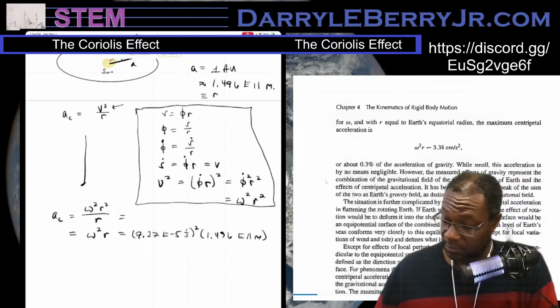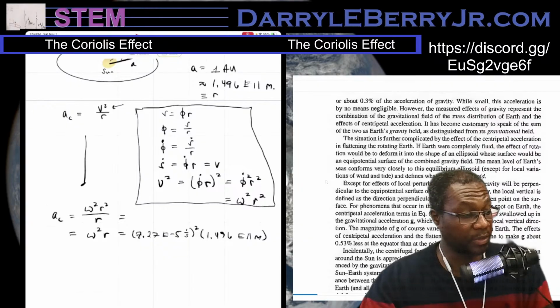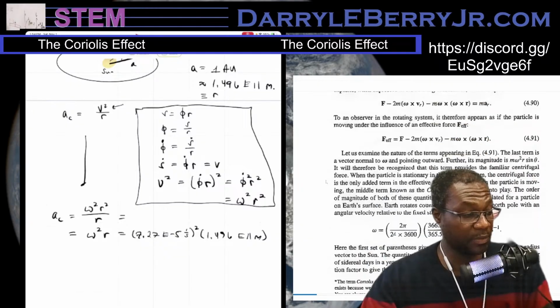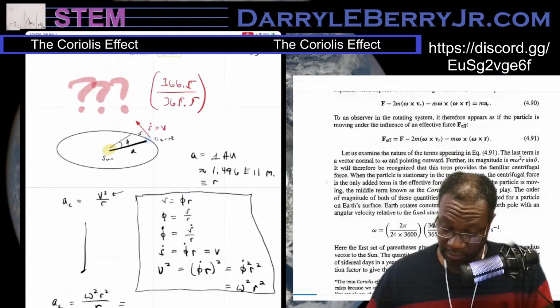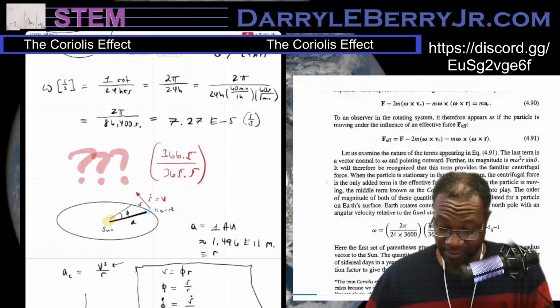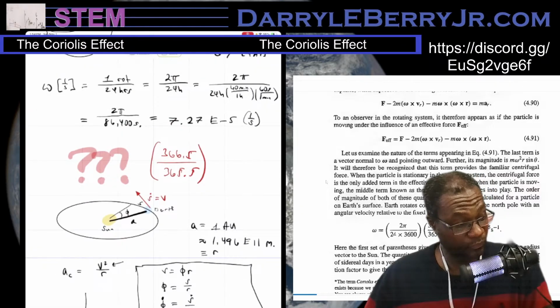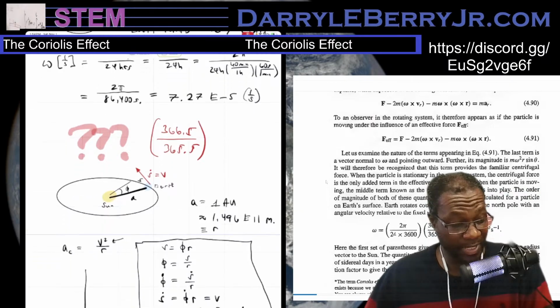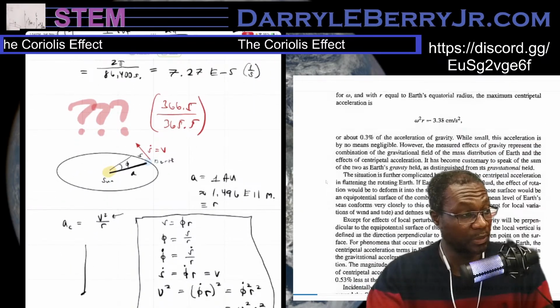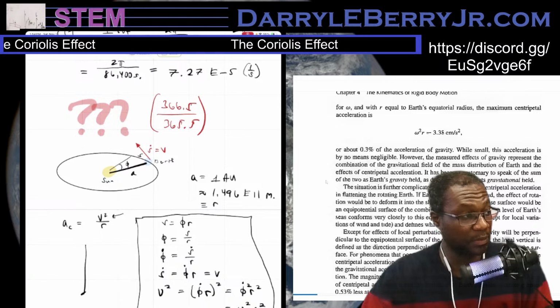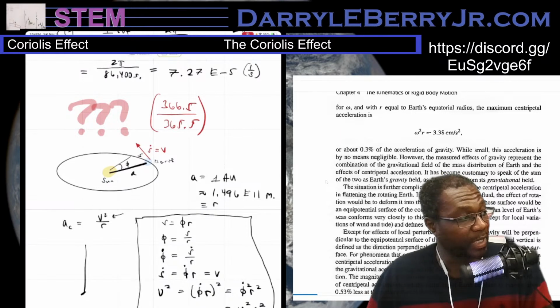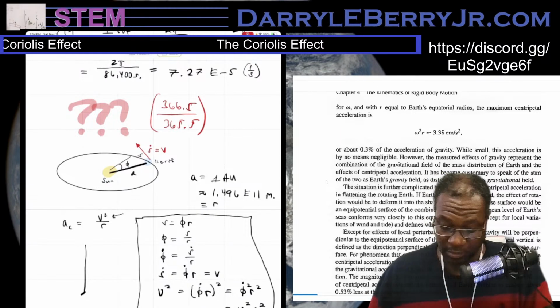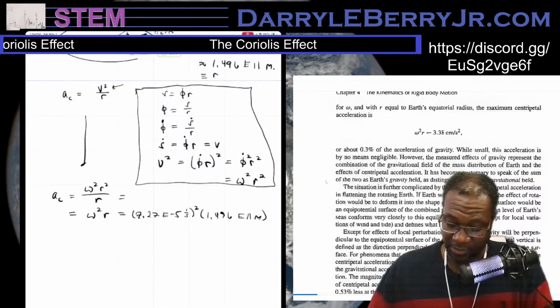The angular acceleration I have matches very closely. I just didn't do the correction factor. It's off by a hundredth of a decimal. That's fine. 10 to the negative 5. Oh my gosh, I was thinking about the solar system.